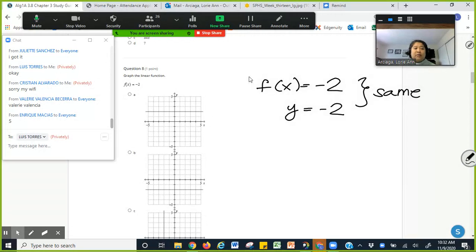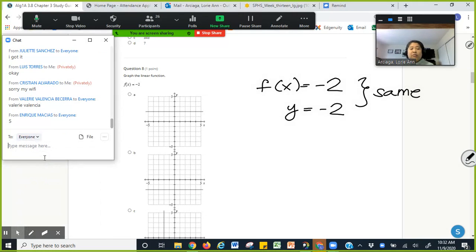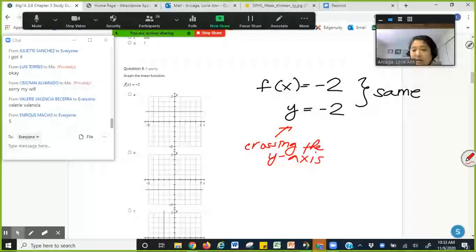Is it a horizontal or a vertical line? And what's the shortcut? How do we know for sure? If it's y equal to, that means you're crossing the y-axis at -2. So that means it's going to hit the y-axis.